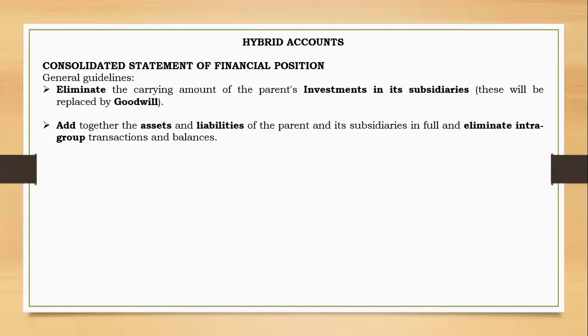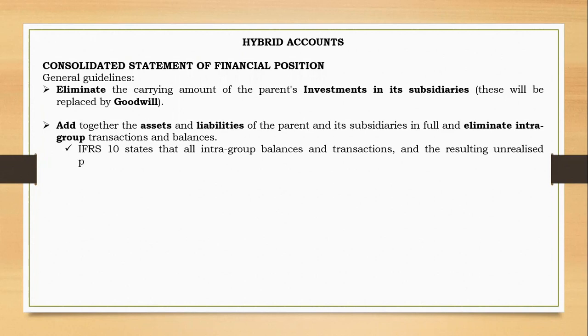So just add the assets and liabilities, but also eliminate those transactions and balances that were intra-group, relating to the parent and subsidiaries, for example. How? Let's take a look at the scenarios. IFRS 10 states that all intra-group balances and transactions and the resulting unrealized profits, we'll see about unrealized profit, should be eliminated in full.